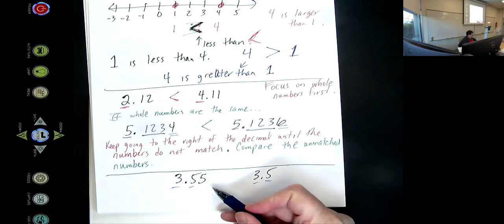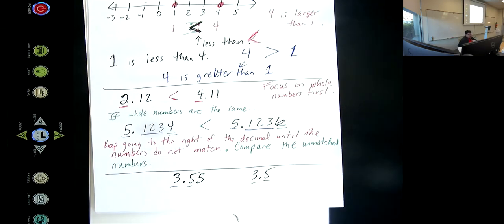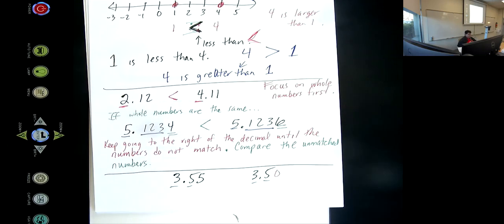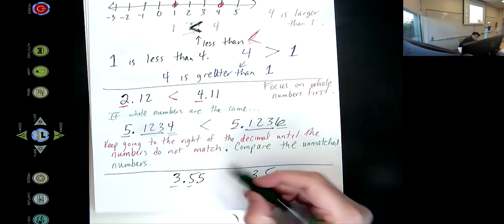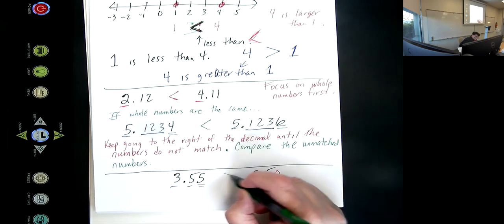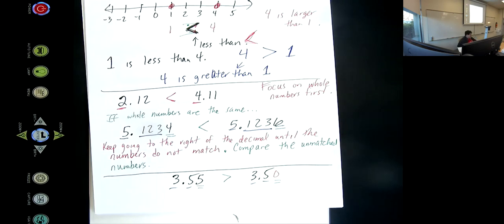I've got nothing to compare the 5 to on the right, so I'm going to just draw in a 0 and then compare. That makes the 5 bigger than the 0, and so 3.55 is greater than 3.5.